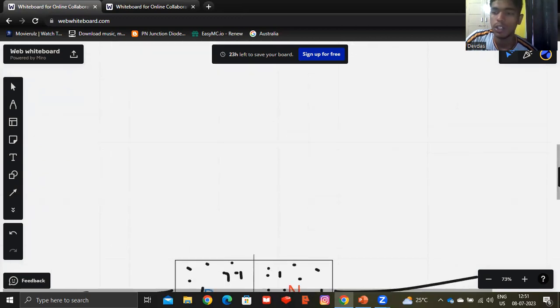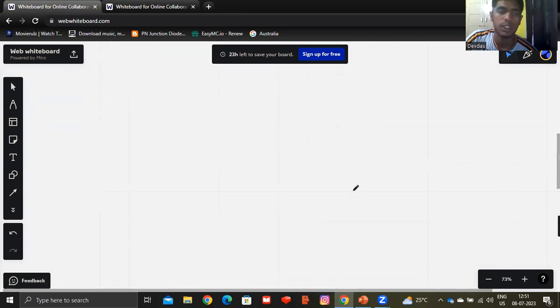Now, let us see what an ideal diode is. An ideal diode is basically a diode which is impractical, but an ideal diode refers to a diode which has zero forward resistance and zero forward voltage drop.